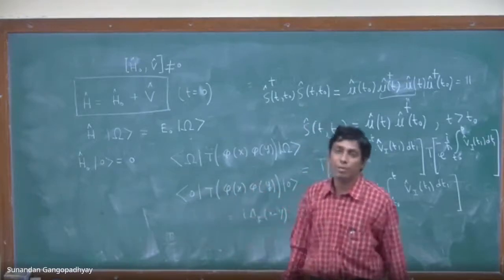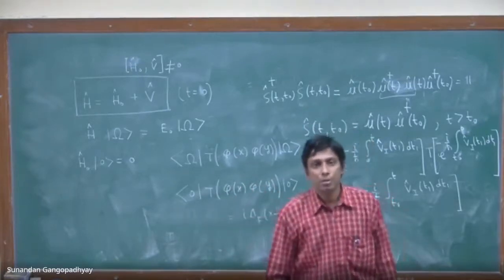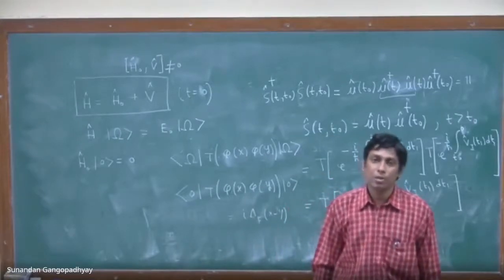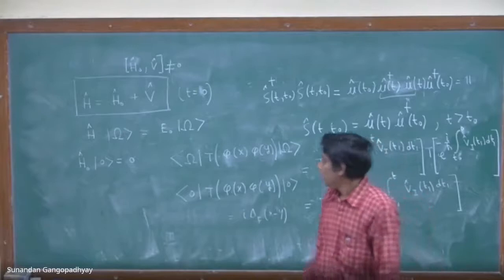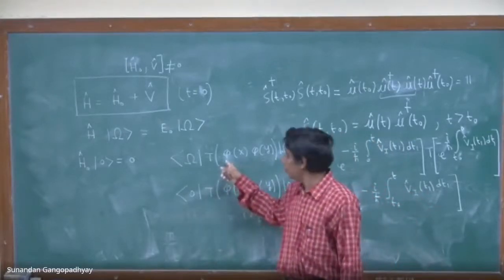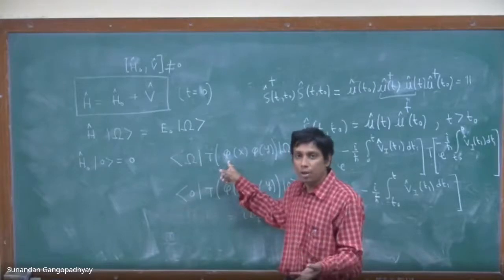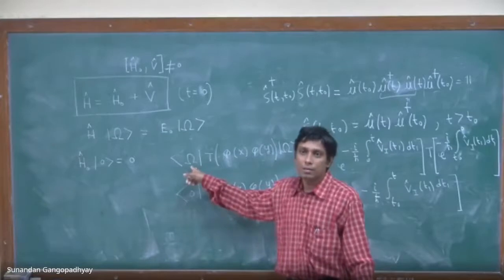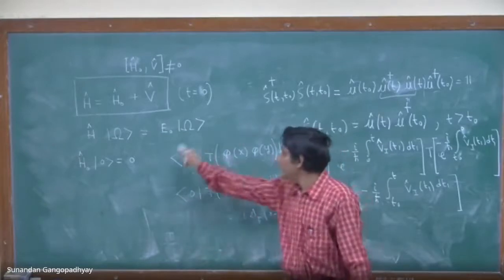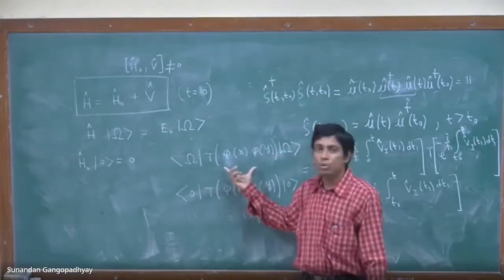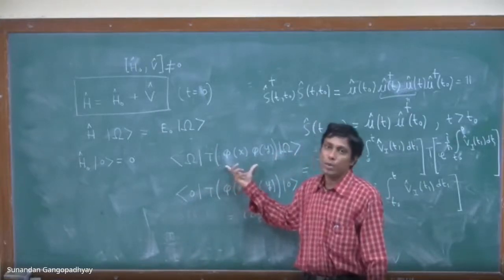You will not be able to write down some neat mathematical expressions for this operator. So it is difficult to know what this phi is. How to know phi, we need to know how they evolve in time t. We don't know what this omega is. So there is no way by which you can calculate a simple vacuum expectation value of the time ordered product of two operators. This is very difficult to calculate.